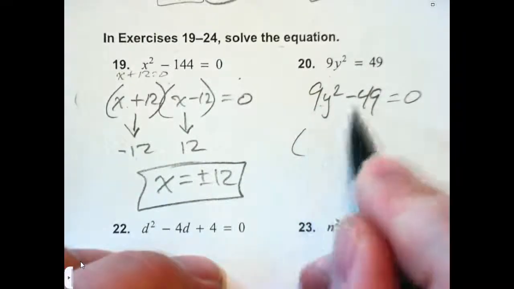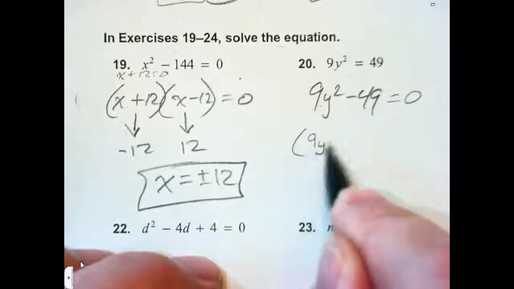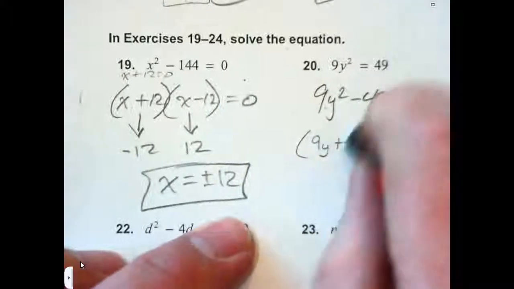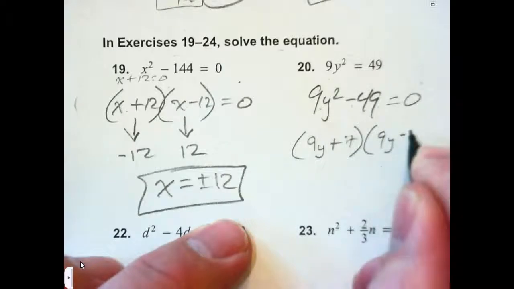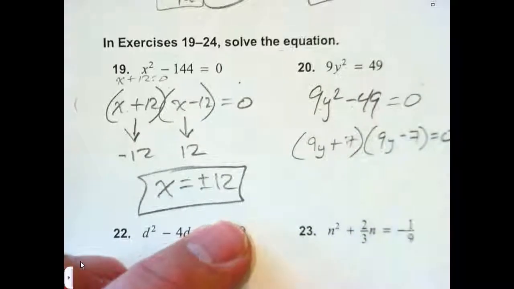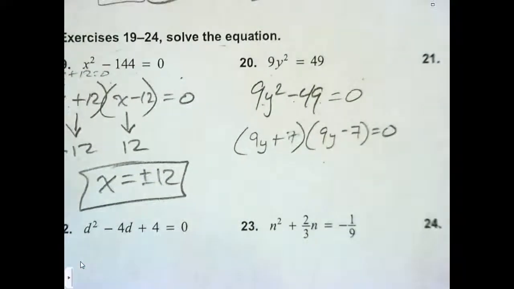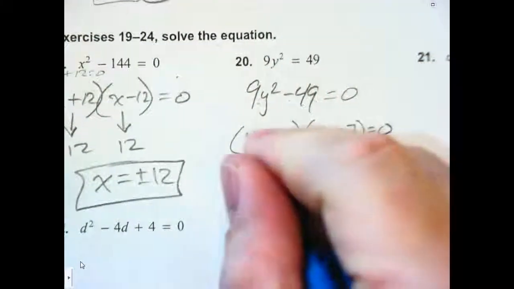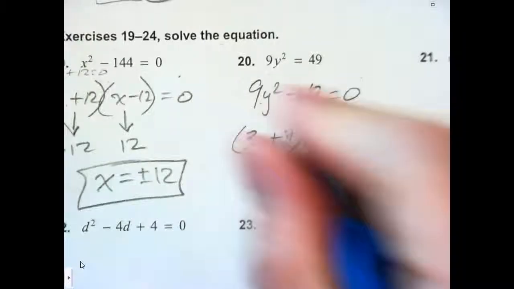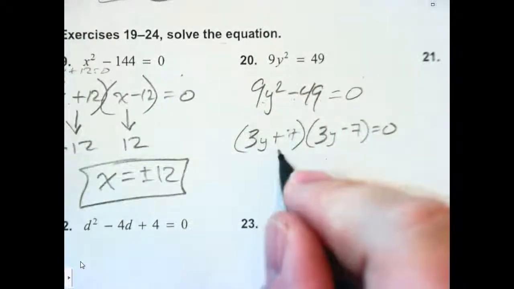Perfect square, difference. How am I doing? Very good. Nice job, guys. That would be 3y, right? That takes the square root of 9y squared.